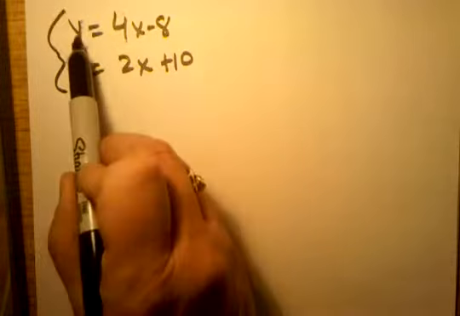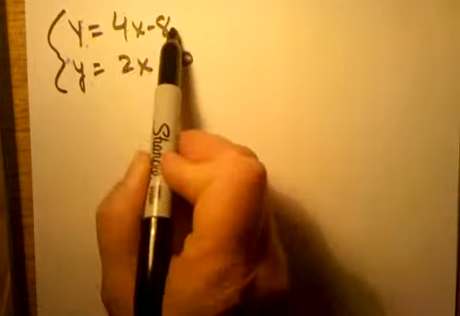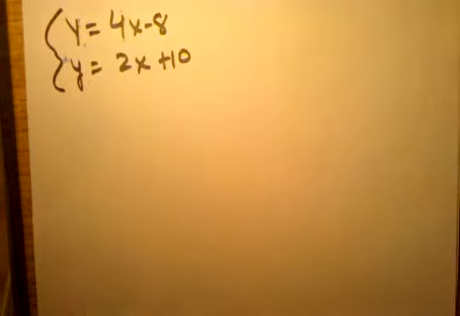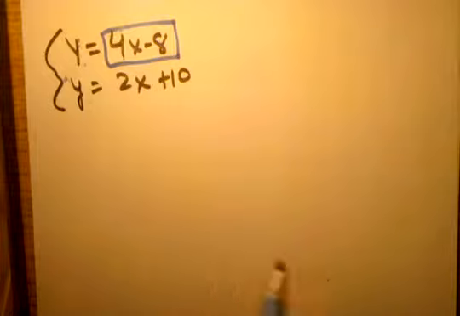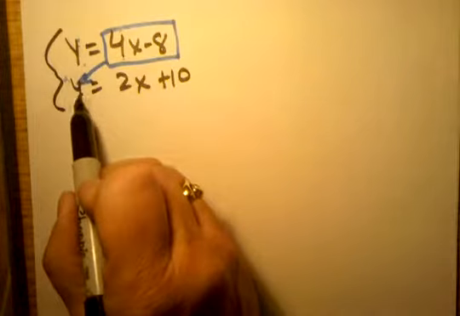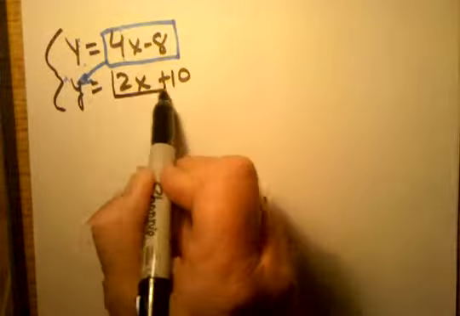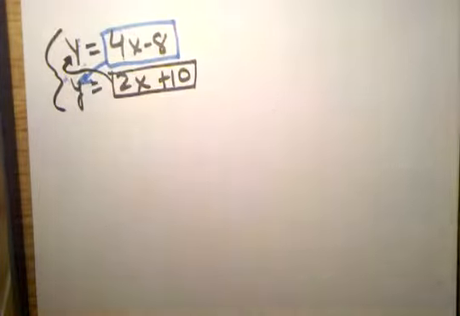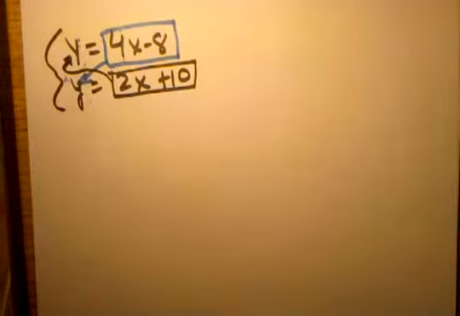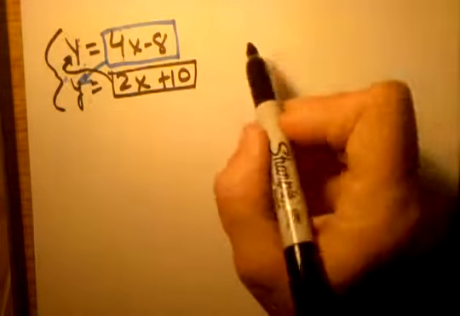In this case, I have y equals 4x minus 8. If I want to, I can take the 4x minus 8 and substitute it in for this y. Or I can do the reverse. I can take what this says y equals, which is 2x plus 10, and substitute it in to that y. Doesn't matter which one I do.